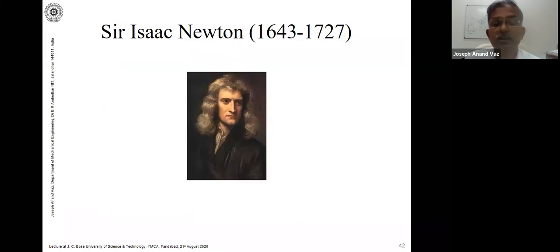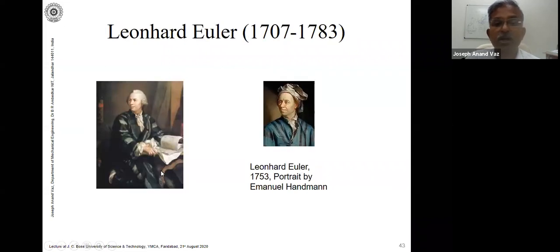Sir Isaac Newton, we credit him with the translational dynamics, and Leonhard Euler, we credit him with the rotational dynamics, but not only the rotational dynamics, also the translational dynamics, because the way in which he represented these equations of dynamics in the mathematical form that we know of today is due to Leonhard Euler.